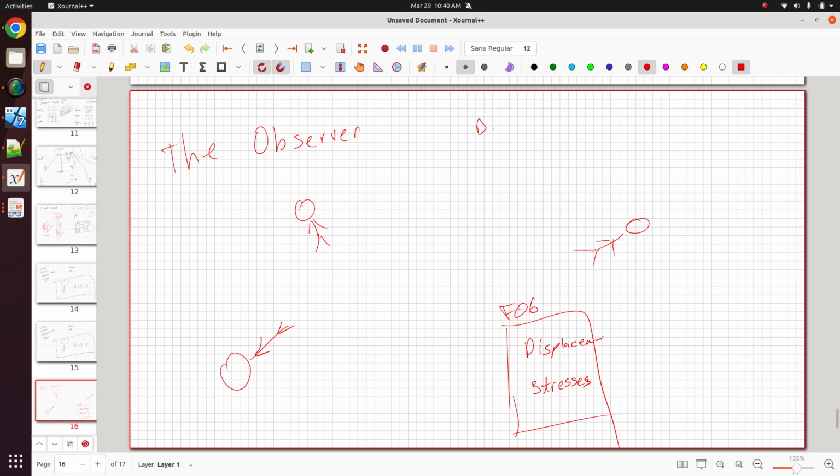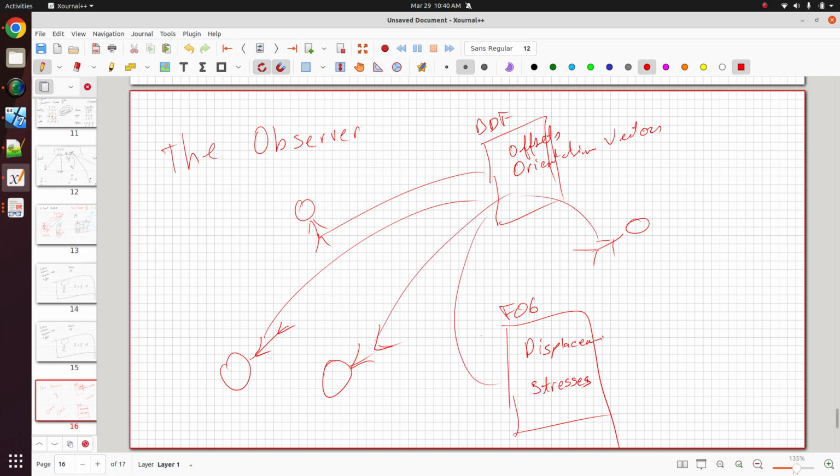If you're working with the bulk data file, you might be defining offsets, you might be defining orientation vectors. All of this data is being observed from different observers. So it's very important that you understand that.